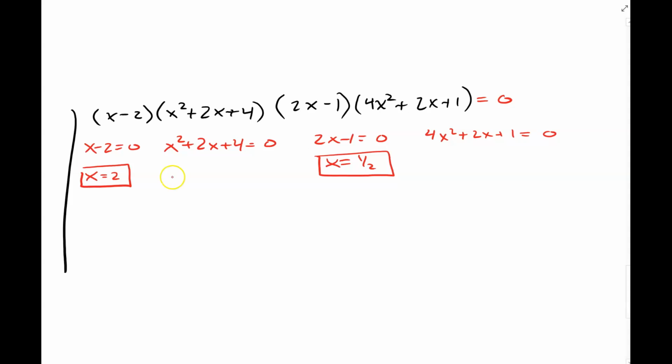The quadratic formula is x equals negative b plus or minus the square root of b squared minus 4 times a times c, all over 2 times a. So if I look at the part underneath the square root, I have 2 squared minus 4 times 1 times 4. 2 squared is 4. 4 times 1 times 4 is 16. 4 minus 16 is negative 12.